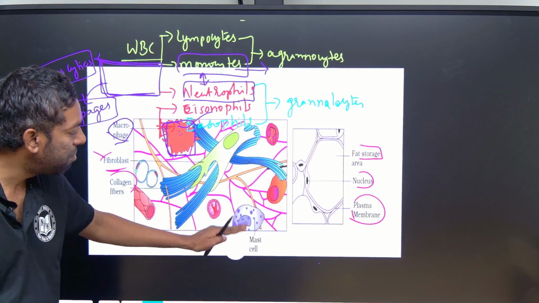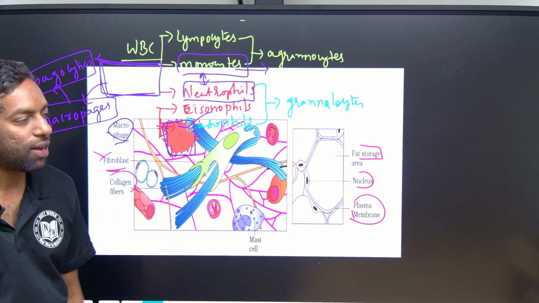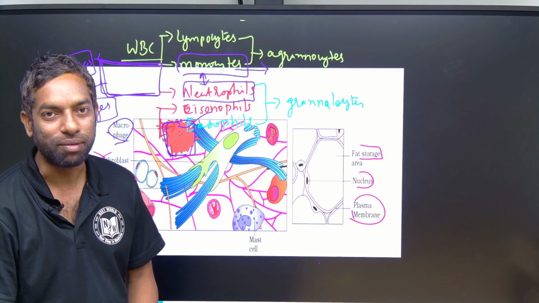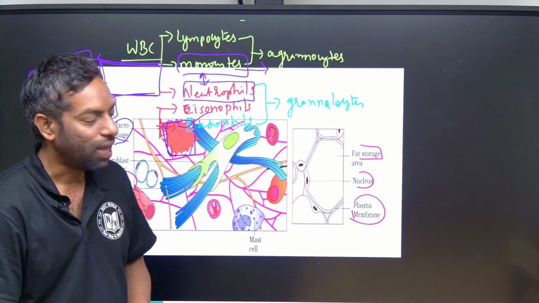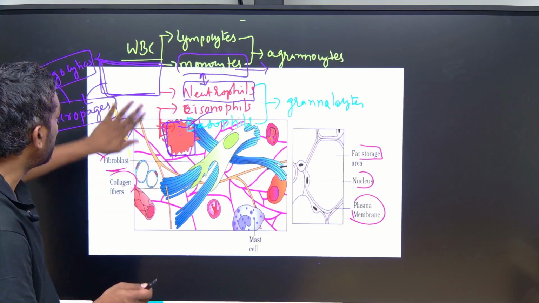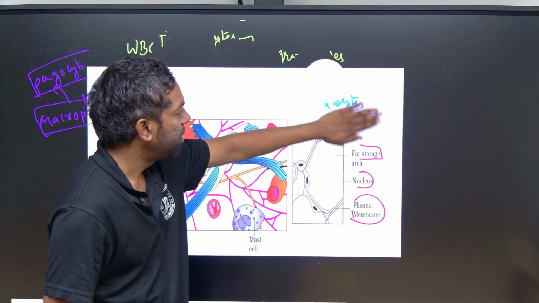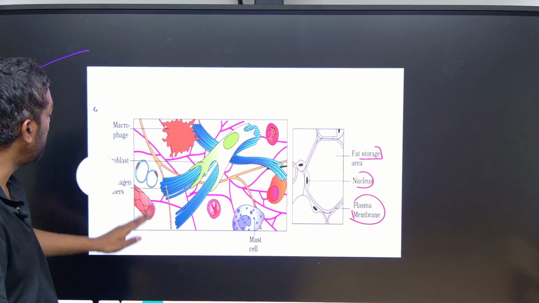Mast cells are involved in the defense mechanism in support of the connective tissue. And the macrophage is also involved in immunity.